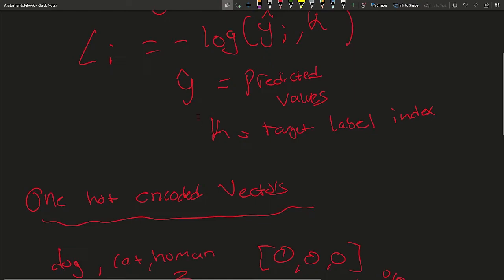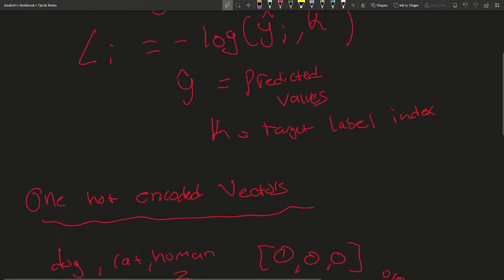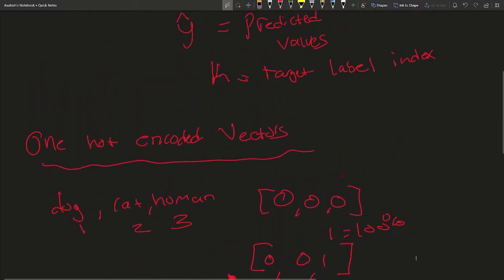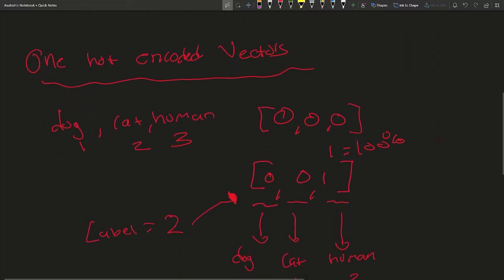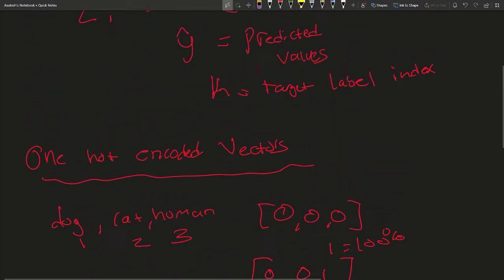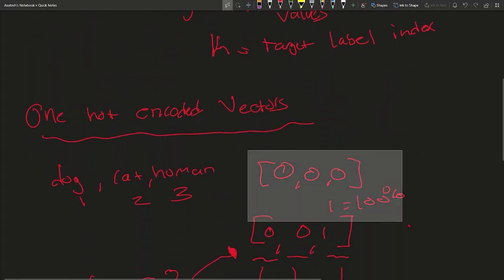So that's what our K value is, the target label index. This one hot encoded vector has the target label set to 1, and that label is dependent on the index. So quickly going over exactly what I just said, the target label, what the data is actually supposed to be, is determined by the index of this one hot encoded vector.